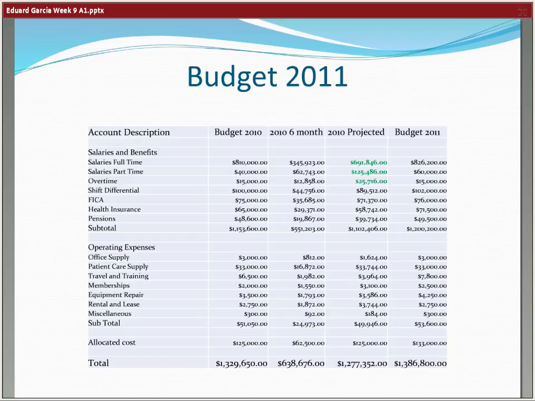Like I said before, my recommendation is the reduction of the full-time employees, but this will bring a risk.